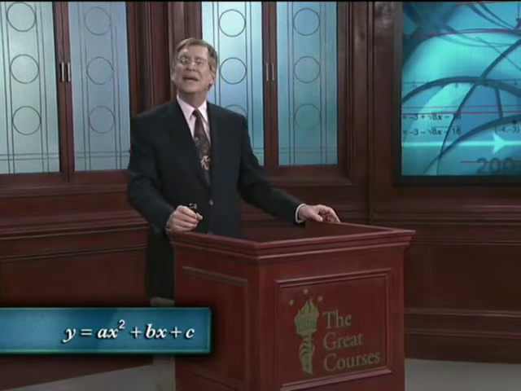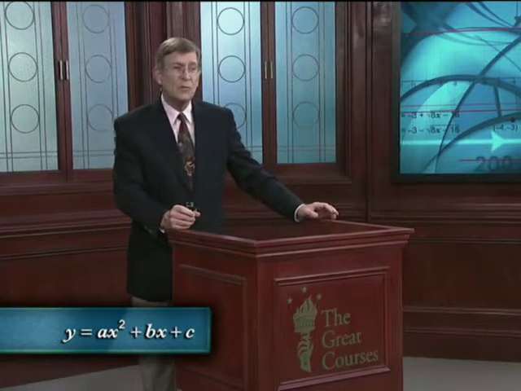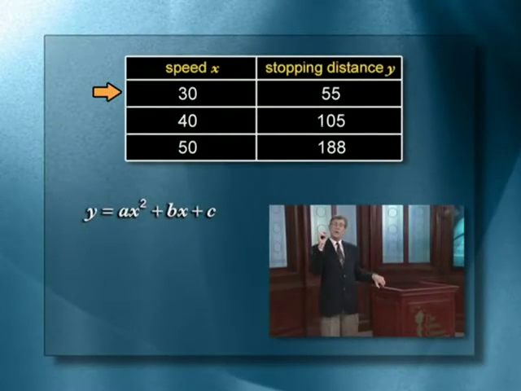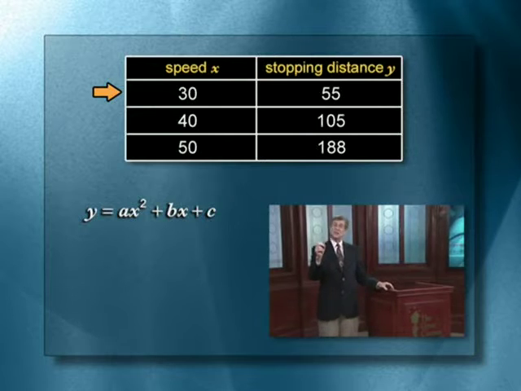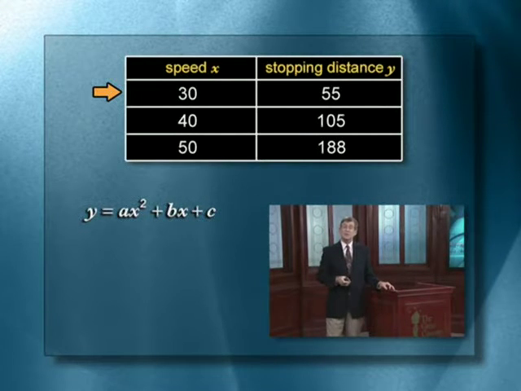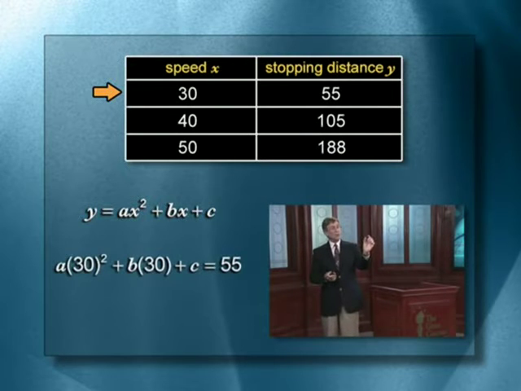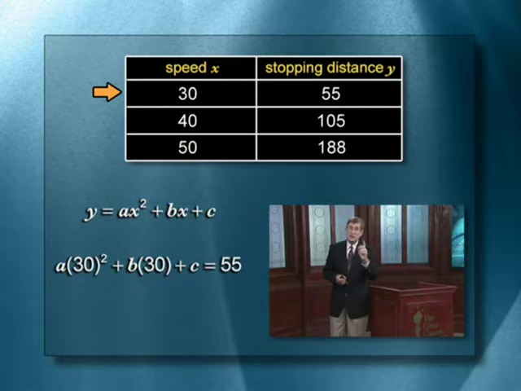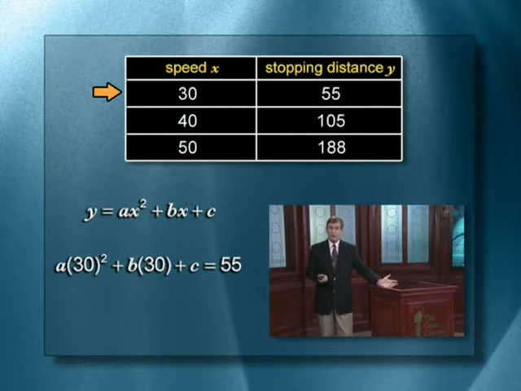So let's do it. Let's assume our parabola looks like they all do, ax squared plus bx plus c. We're trying to find a, b, and c, and we have some data here, don't we? We know that when we're going 30 miles an hour, when x is 30, the stopping distance is 55, so that gives rise to an equation: a times 30 squared plus b times 30 plus c equals 55.